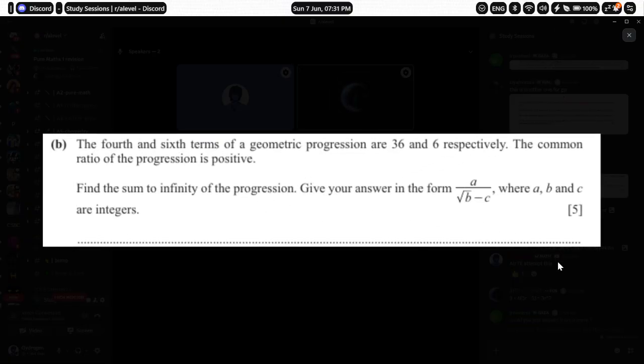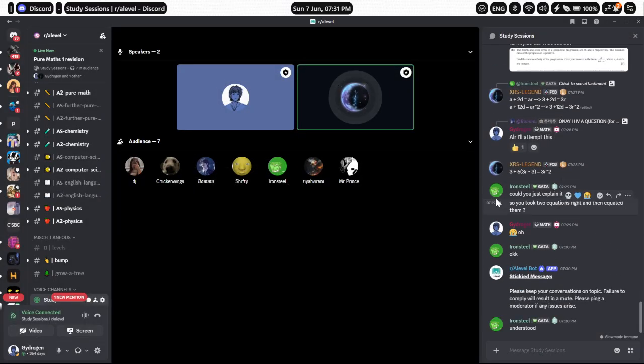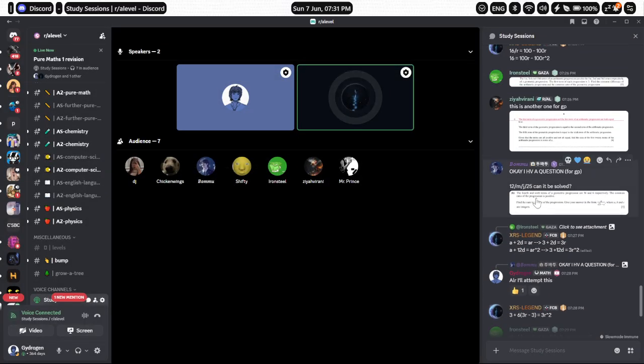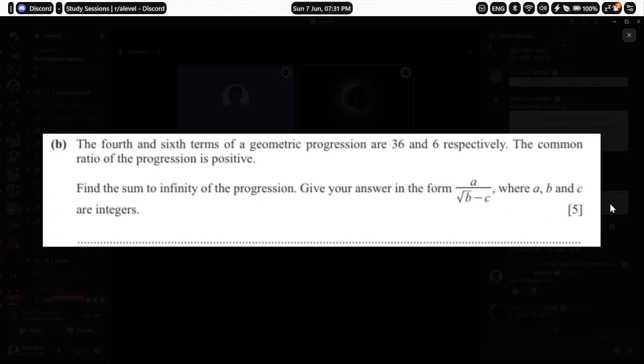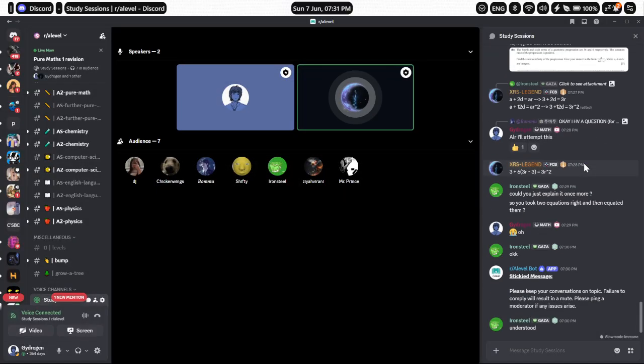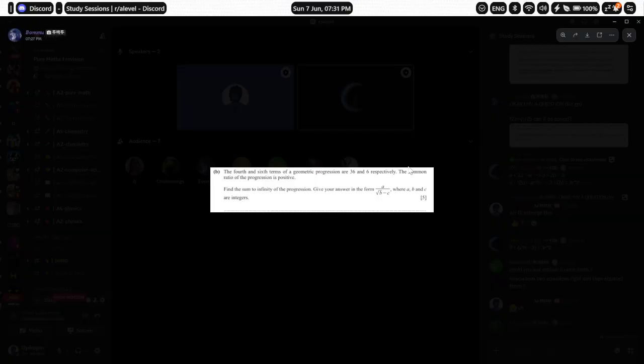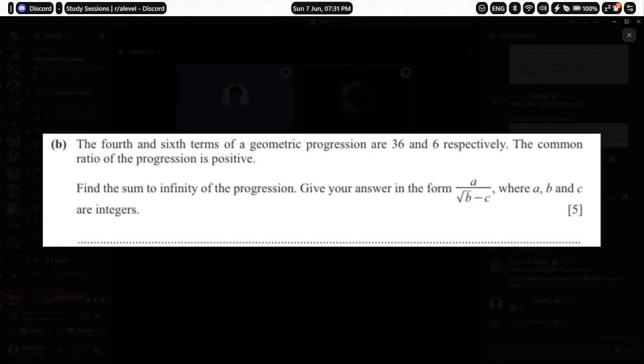So r is equal to root 6. You have the fourth and sixth term, so you have ar cube is equal to 36. From that, you just turn it around, you'll get the value of a, and then you have the sum to infinity.